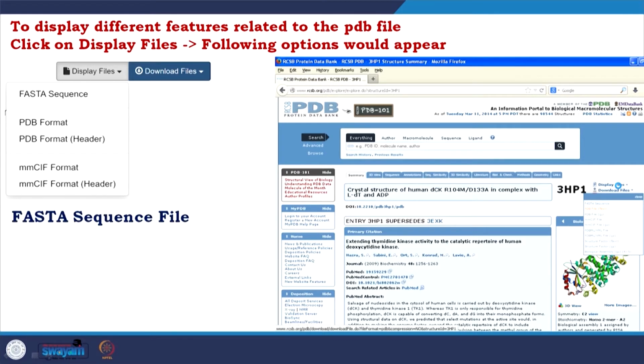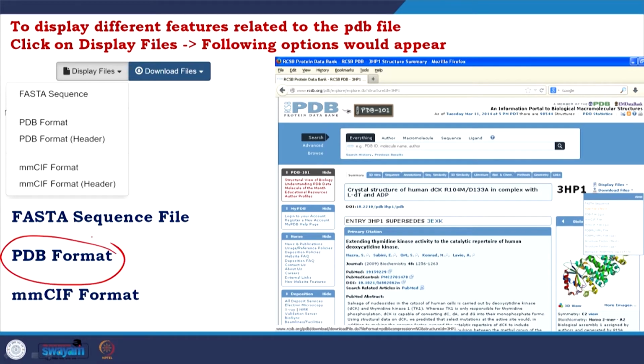One, the FASTA sequence, two, the PDB format, which is in two ways: PDB format header and mmCIF format. PDB format I talked about and I would discuss in detail at the end of the class. So, now I would discuss the FASTA sequence file and mmCIF format.